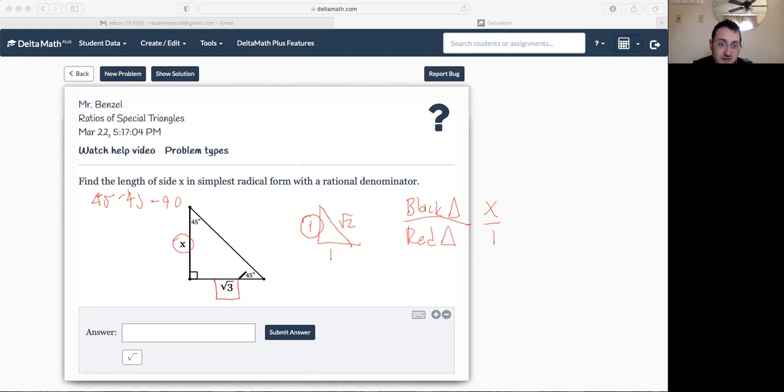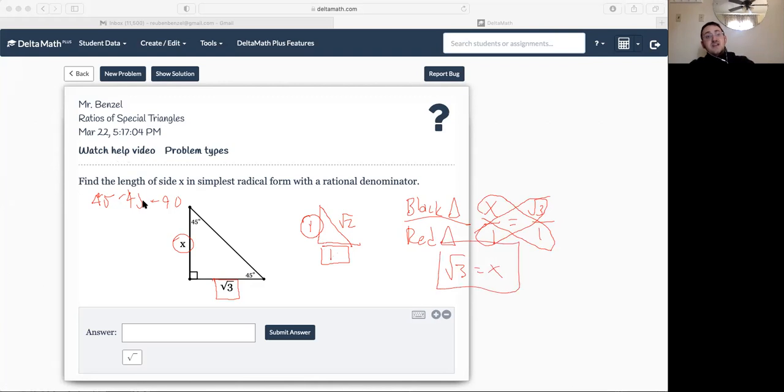Now, the other side is square root of 3, and I'm choosing this because it's part of my black triangle. And the side that matches with that side from the red triangle is 1. If I cross multiply and treat this like the beginning of a chapter 8 problem, I get square root of 3 equals x.